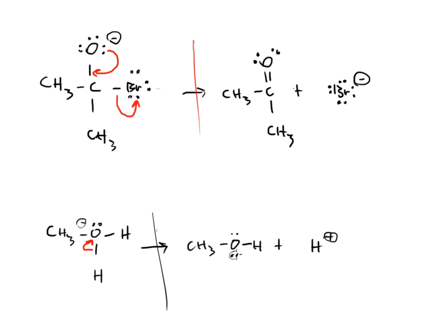Formal charge of 0. 6 valence for oxygen. 1 dot, 2 dot, 3 dot, 4 dot, 5 from the line, 6 from the line. 6 minus 6 is 0. Over here, 6 valence from the oxygen. 1 from the dot, 1 from the dot, 1 from the bond, 1 from the bond, 1 from the bond. That's 5. 6 minus 5 is going to be a 1.